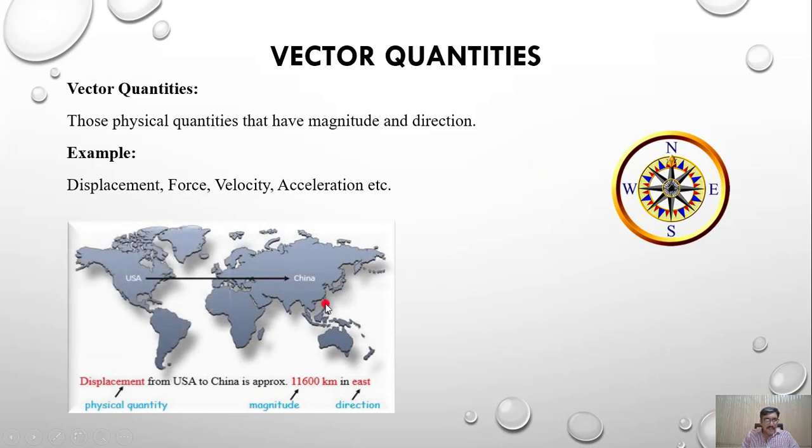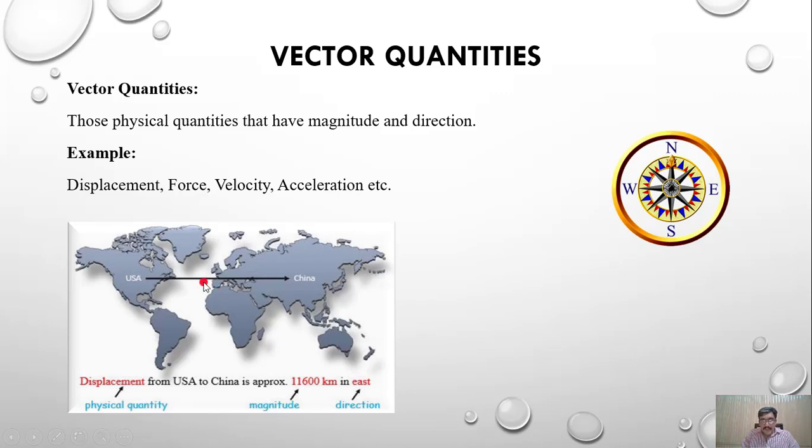Here is one example: displacement from USA to China is approximately 11,600 kilometer. So the distance is given between USA and China, and it is 11,600 kilometer. So it is the magnitude, and in which direction is China? It's in the direction of east.